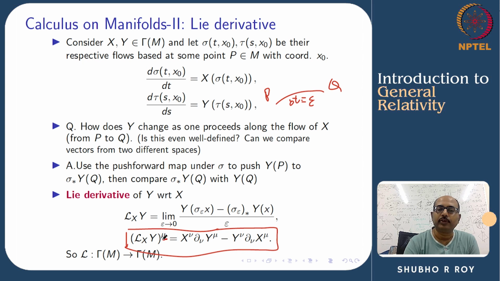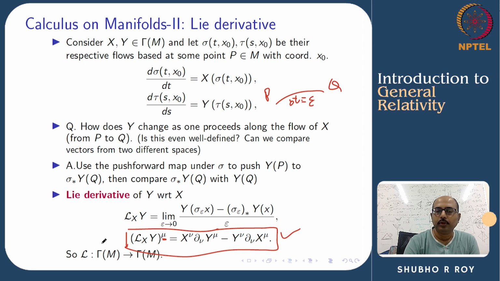So it must have the vector index mu, and its components can be computed from the components of x and y by this formula. So the Lie derivative maps an element of gamma m, the set of smooth vector fields, to another smooth vector field, curly L sub x of y.